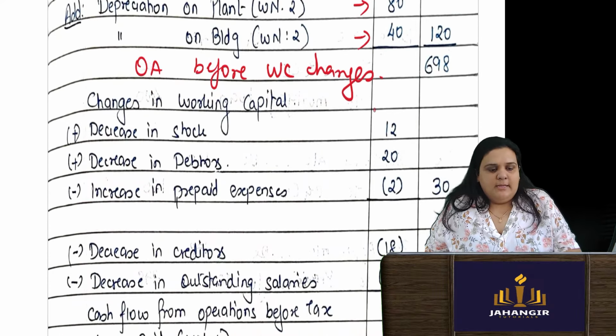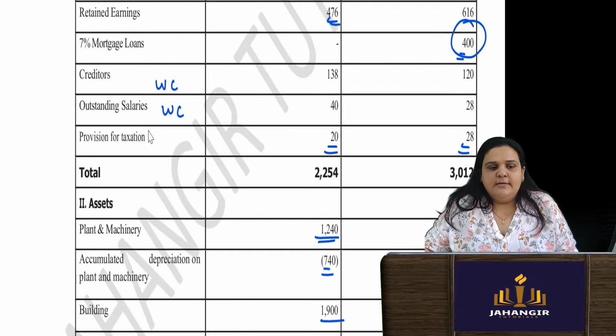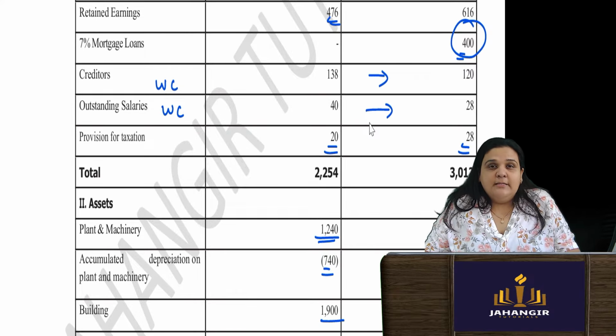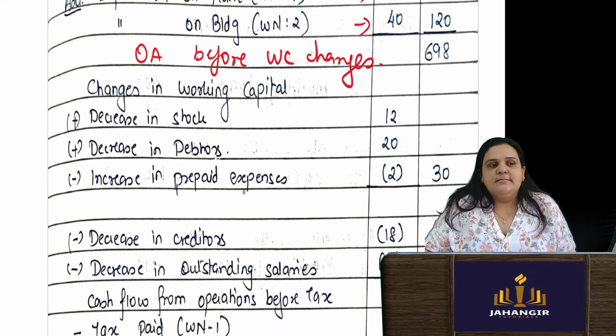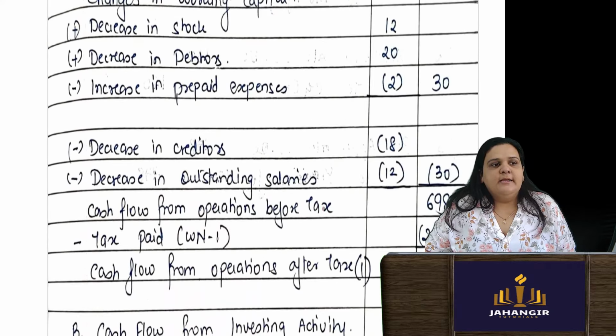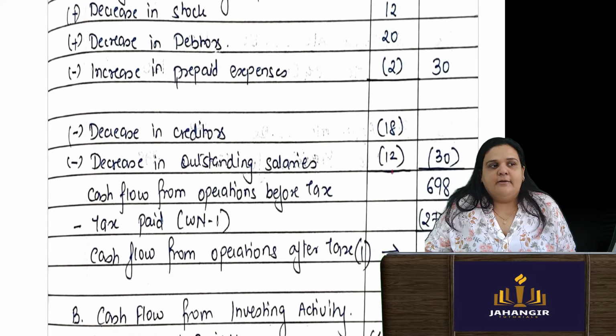Now, what are the working capital changes in my sum? Creditors, outstanding salary. Creditors have decreased. Outstanding salaries also have been decreased. That means I have paid my creditors and outstanding salaries have been paid. So, if there is a decrease in the outstanding salaries, I'll have to subtract. Decrease in the creditors also I'll have to subtract.